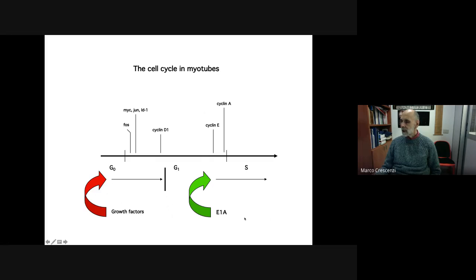Also, E1A is an oncogene, and even in the distant prospect of using this oncogene for reactivating terminally differentiated cells in human therapy, of course, using an oncogene is not desirable. So we looked for cellular as opposed to viral genes capable of reactivating the cell cycle in terminally differentiated cells.